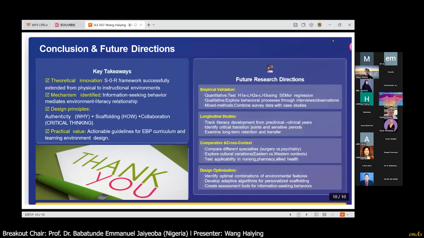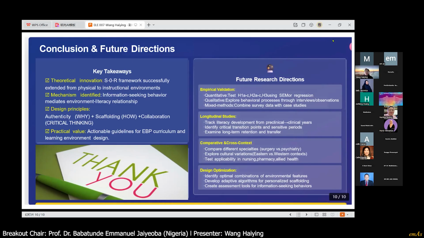Medical students nowadays want to develop their information literacy, but they have no strong foundation to do this. So how do we overcome this issue and address this problem?